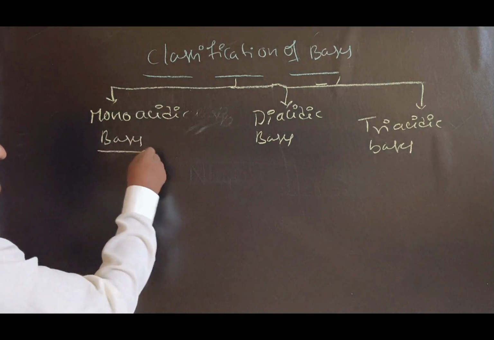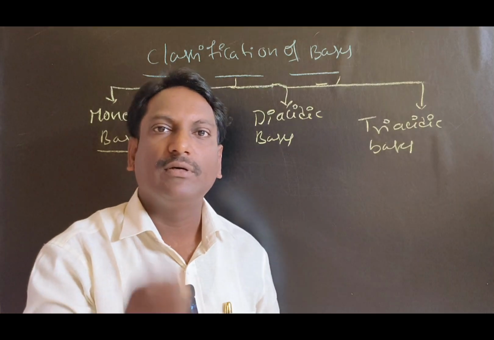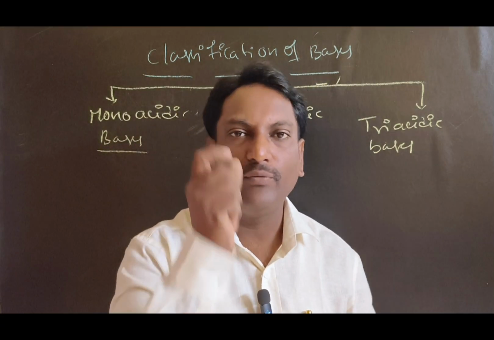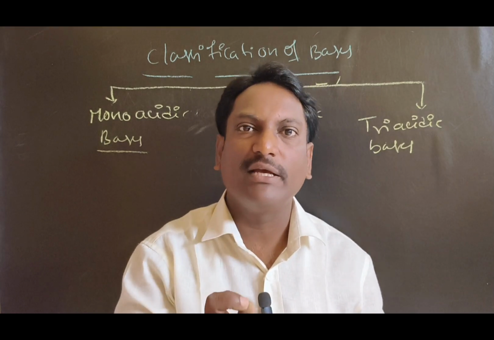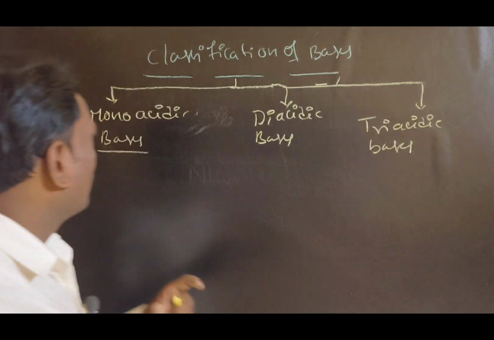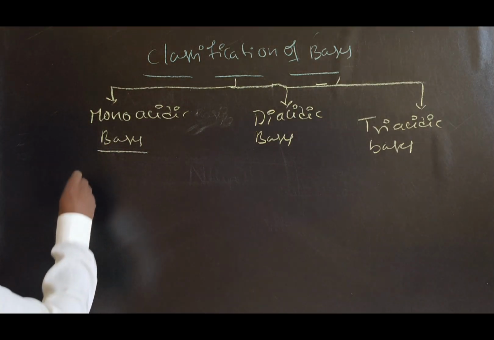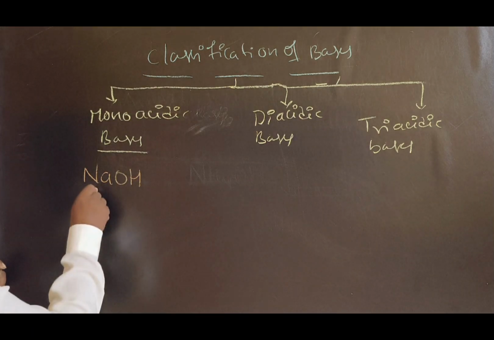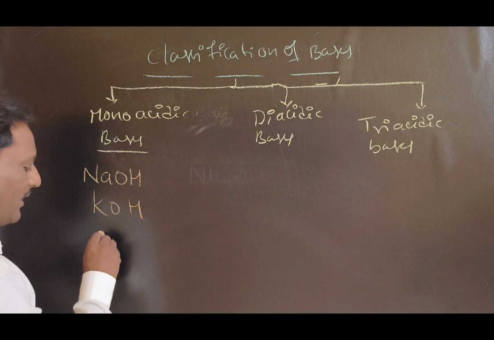Monoacidic bases means the acidity of these bases is 1. That means those bases are ready to produce only one OH minus ion, one hydroxide ion or one hydroxyl ion in water. Examples: sodium hydroxide, caustic soda; potassium hydroxide, caustic potash; ammonium hydroxide.